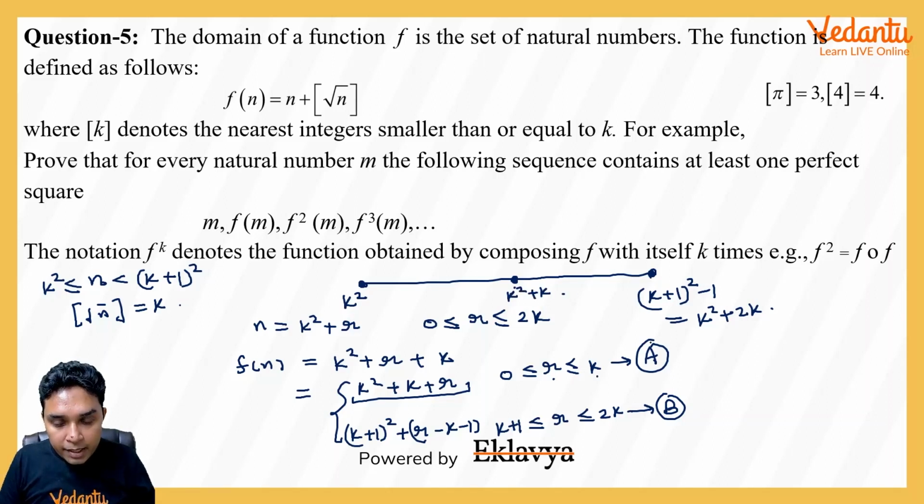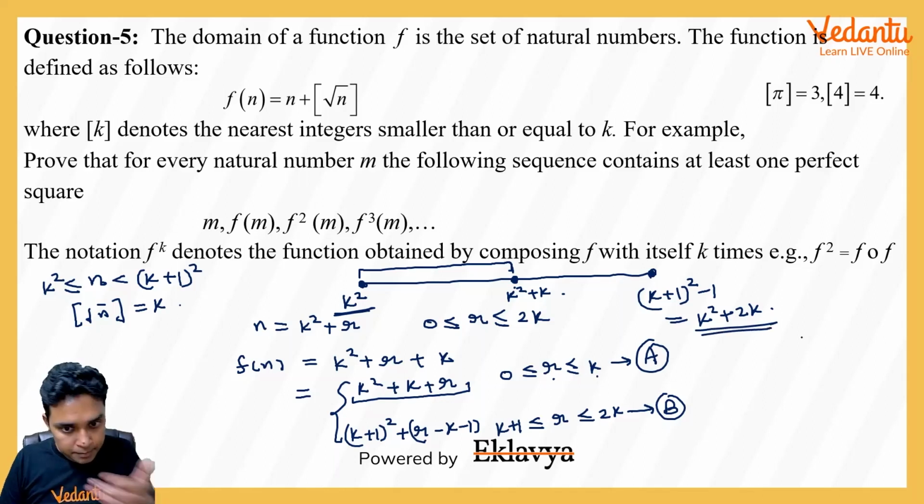So my category A is when r is such that n goes from k square till k square plus k, which is the midpoint of k square and k square plus 2k. And category 2 is when it is beyond this. This is my second category, when r is from k plus 1 to 2k, so that my value of n is from k square plus k plus 1 up to k square plus 2k.